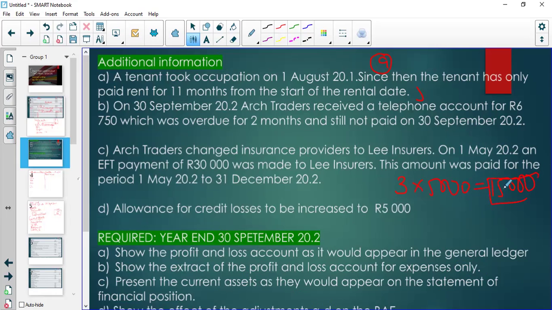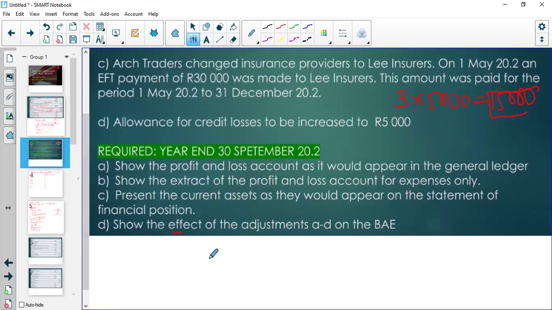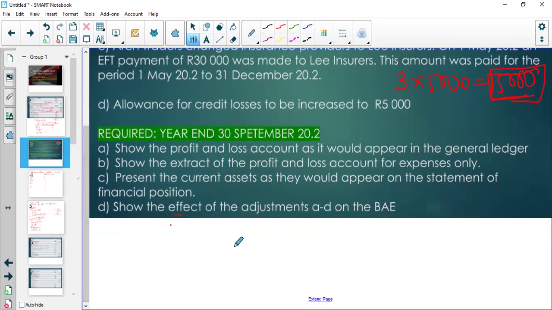So this adjustment is accrued income. It's going to increase our income, because now our rent has to be increased by 15,000. But this is accrued income. We haven't received it yet, so we're going to increase trade and other receivables. If you want to do a journal entry for the adjustment, this is the adjusting journal entry.